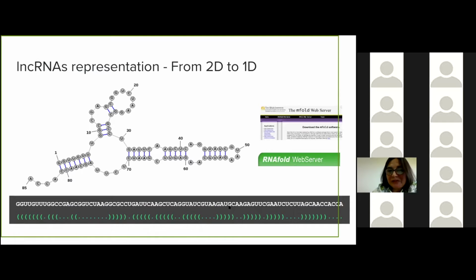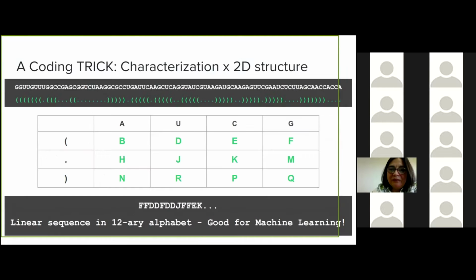So here we have moved from a two-dimensional representation to two different linear representations in one dimension, but we need just one representation. That's a computational problem, and to overcome it, we introduce what we call a coding trick. The coding trick tries to fuse, to merge these sources of information using an encoding scheme.